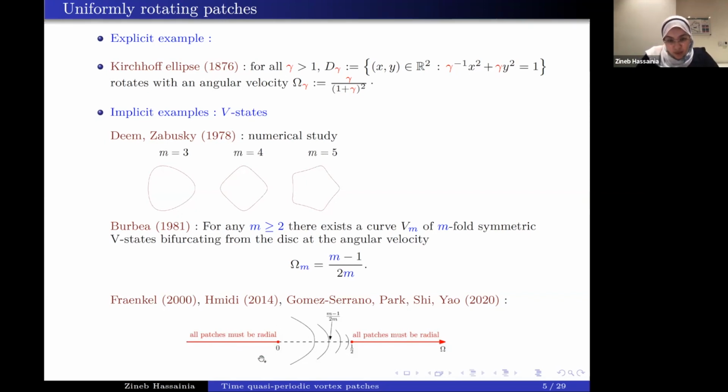The result was improved very recently by Gómez-Serrano, Park, Shi, and Yao, where they proved that for any domain which is bounded and smooth, outside of this range, 0 to 1/2, all the patches have to be stationary. So there is no rotating patch outside this range.